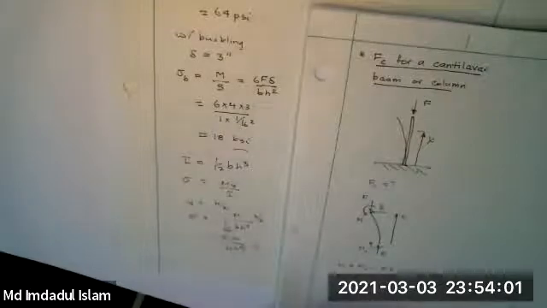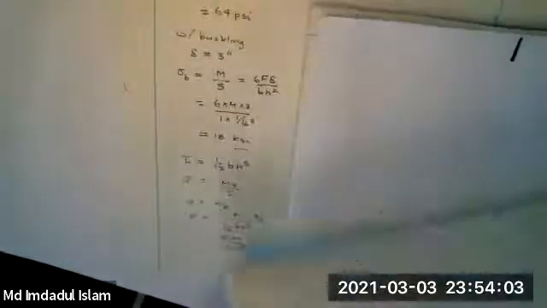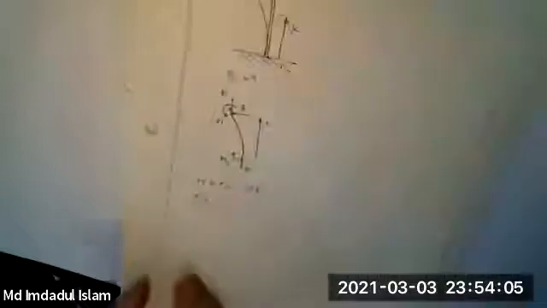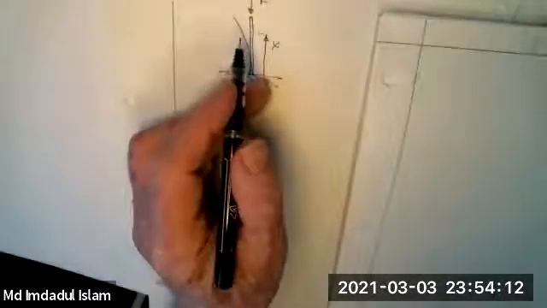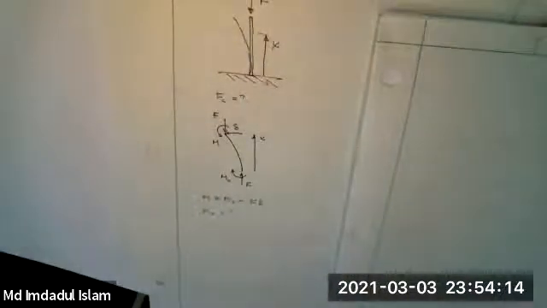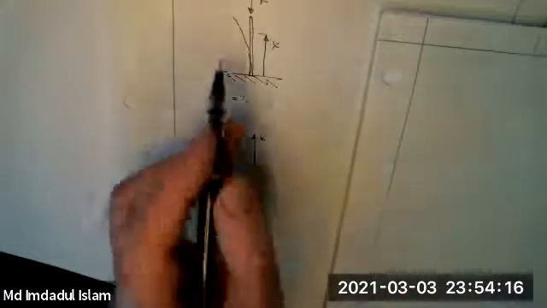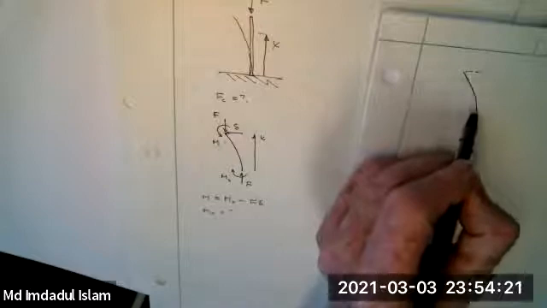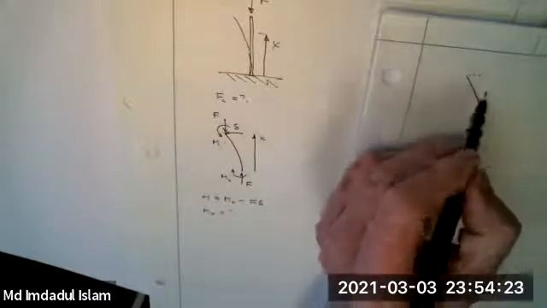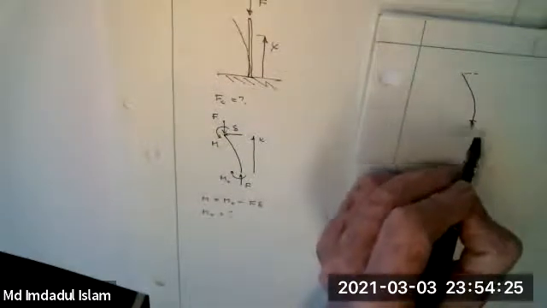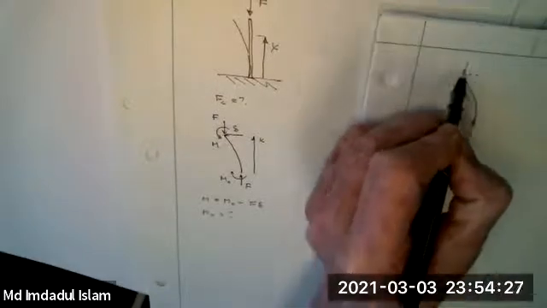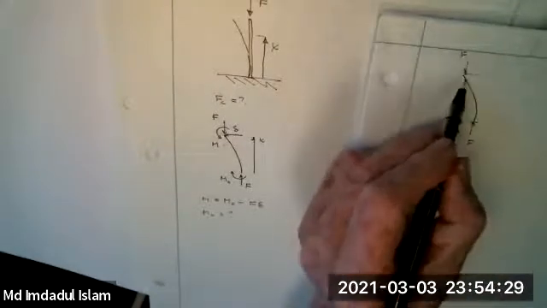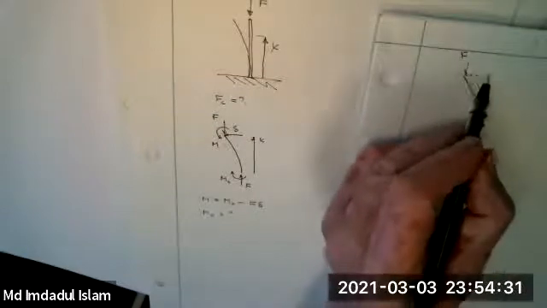Not quite clear what M naught is. Well, we can get M naught by going to the very top of this, and we get the following situation. I go all the way to the top. When I'm at the very top, there's no moment there.